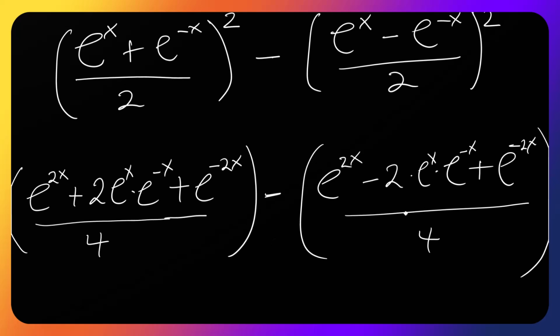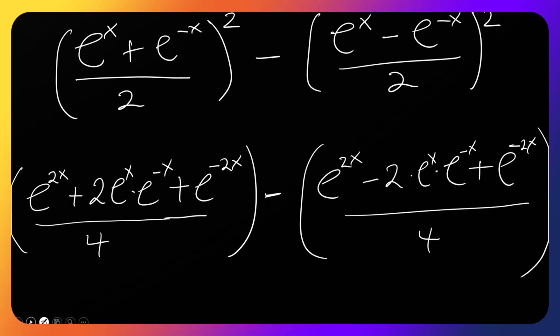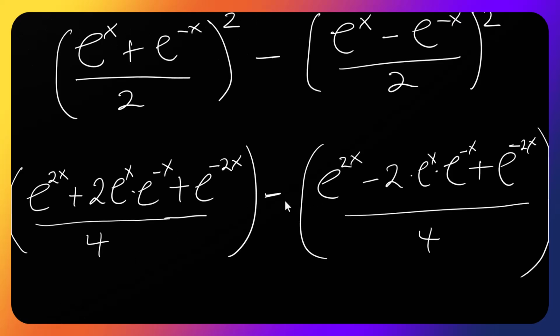Now let's open the brackets. Remember, this negative will affect this. So we have e raised to 2x plus e raised to x times e raised to minus x plus e raised to minus 2x, on 4, minus. So this side will be minus e raised to 2x, and this side will be plus, and this side will be minus.